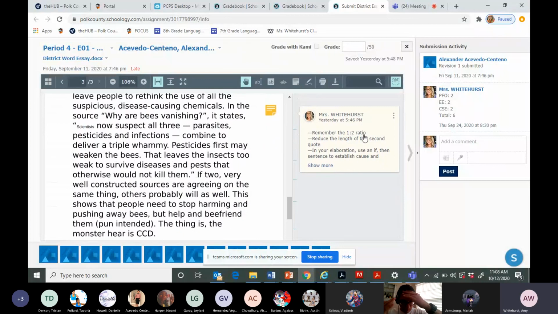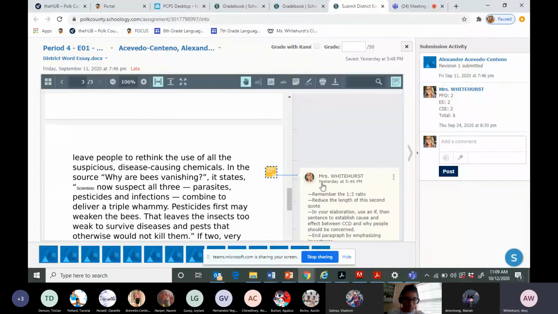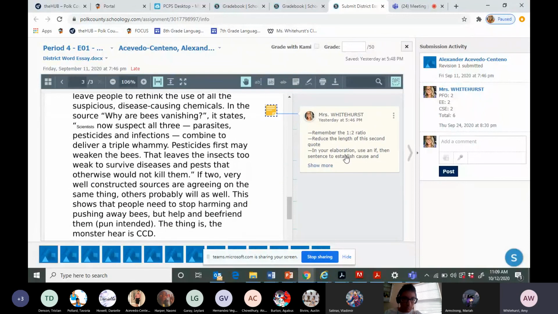Here I'm telling him, remember the 1-to-2 ratio. In your elaboration, maybe you could use cause and effect, like if-then sentences to establish cause and effect. You might have to click that button like I just did on Alexander's. If this says show more, remember to click show more so that you can see all of the feedback that I'm providing you.